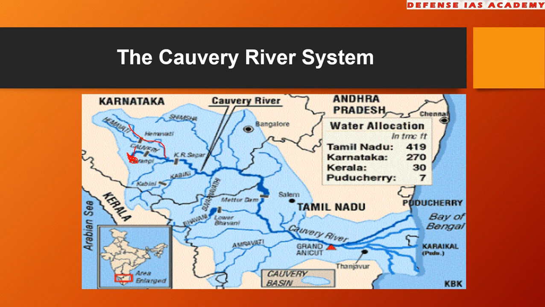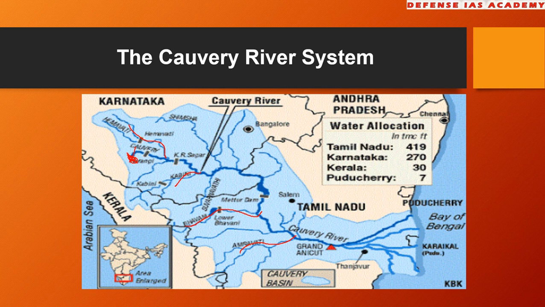Then the major tributaries that come into it are the Hemavati, then the Kabini coming into it, then the Bhavani coming into it, then the Amravati coming into it.